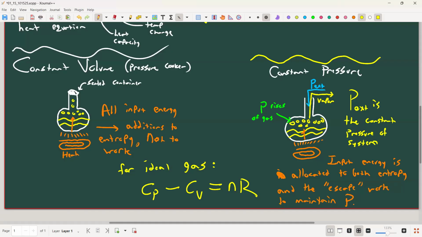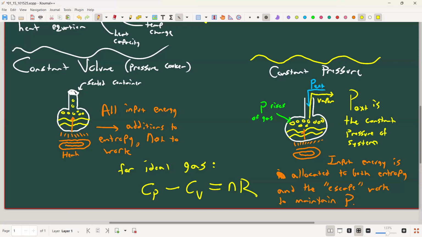Of course, for liquids, that doesn't always apply because liquids don't function like ideal gases. But liquids in some sense don't escape. They don't really have any escape. So the difference between Cp and Cv for a liquid is much smaller than it is for a gas. In some sense, the gas is the worst case scenario because gases can compress and expand freely.